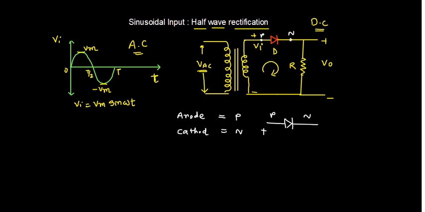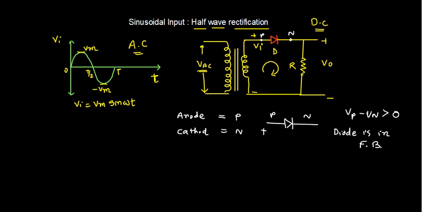Whenever, for the ideal diode, Vp minus Vn, this potential difference, is greater than 0, the diode is in forward bias. You can say it will act as a closed switch.